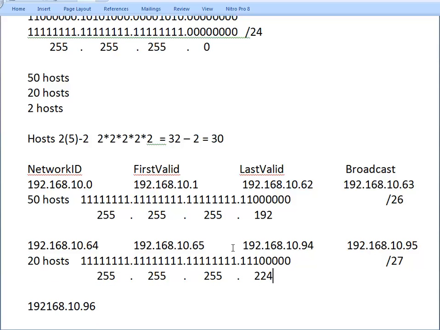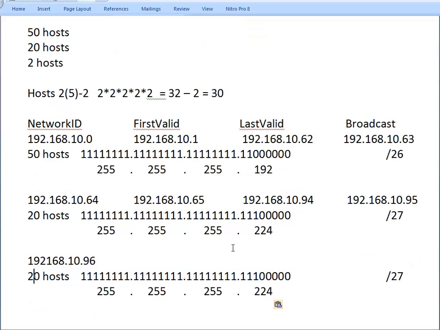For the third network, where we need only 2 hosts, I'll copy this stuff. Now we need only 2 hosts. So if we need 2 hosts only, we can leave only 2 zeros. Remember the formula for hosts: 2 to the power n minus 2.